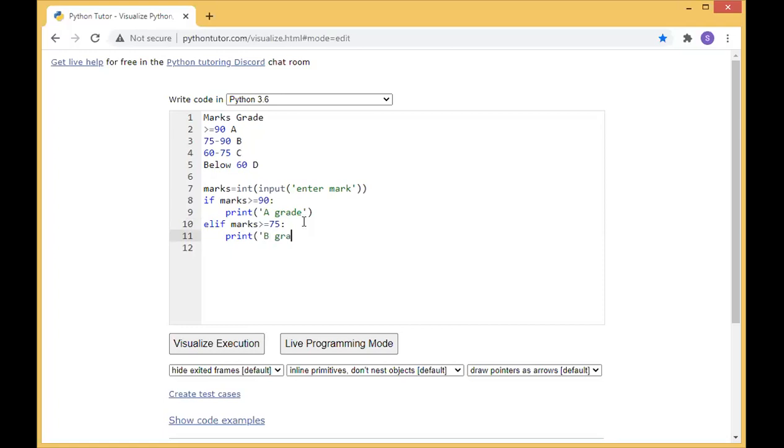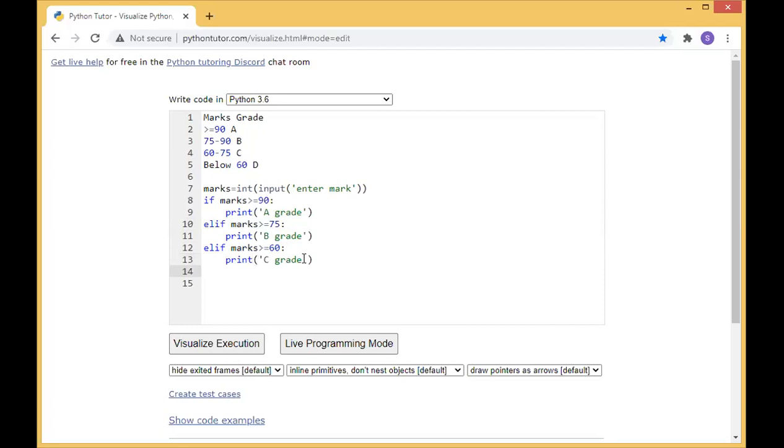Then next condition, if this is also not satisfied, we will check that mark with another condition like marks greater than or equal to 60. Here you should print C grade. Students, everyone understood?